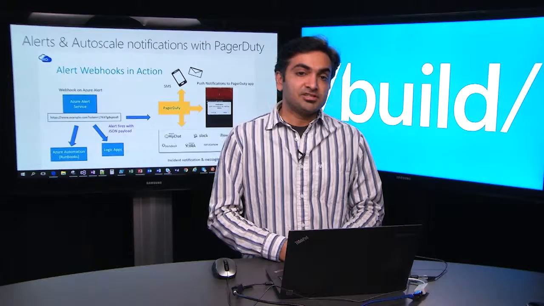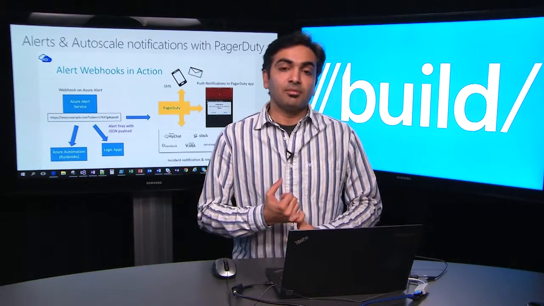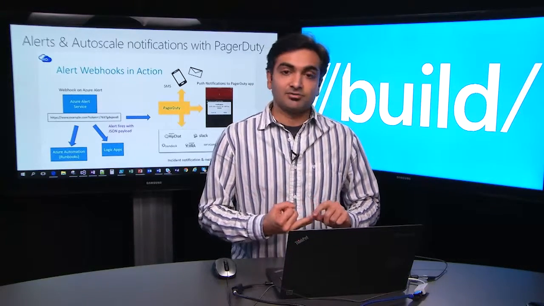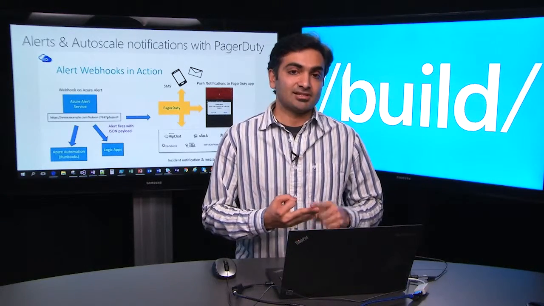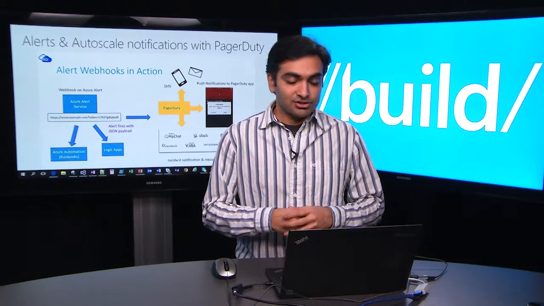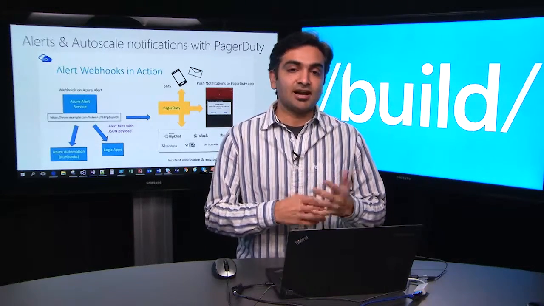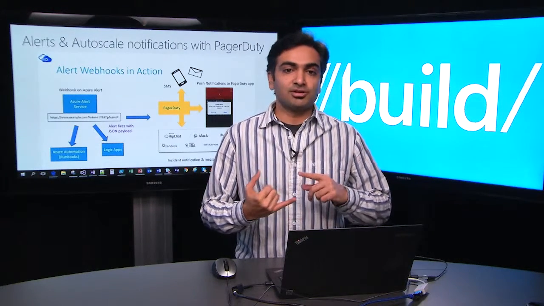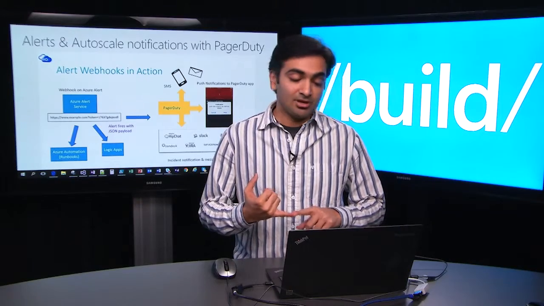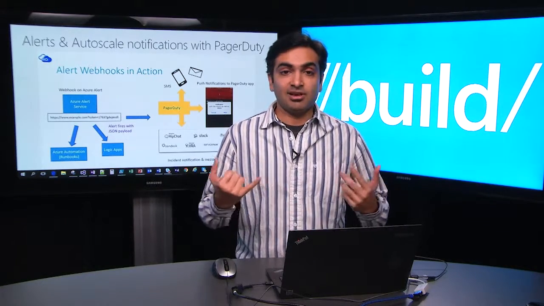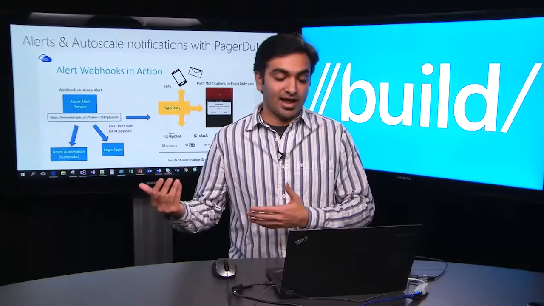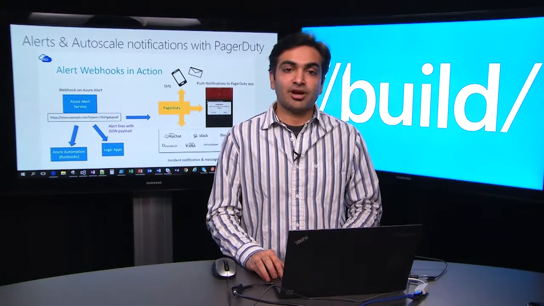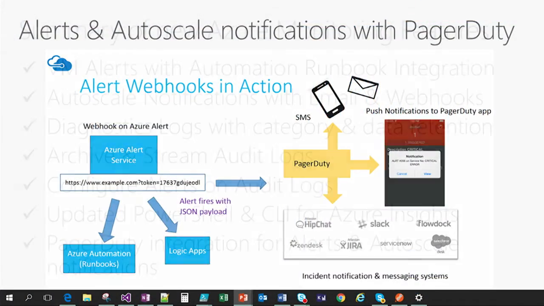So as of today, PagerDuty will support Azure Alert integration for the alert on metrics, alert from Application Insights, alert from autoscale notifications, as well as the new alert on audit logs. So go check out the PagerDuty integration guide for Azure Alerts, and you can easily get paged on your PagerDuty mobile app, get SMS or even email notifications, and even pipe them through to Slack or other channels for various custom notifications. So try out the PagerDuty integration for Azure Alerts.